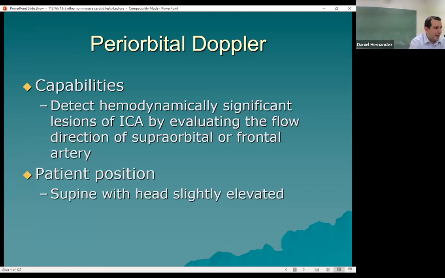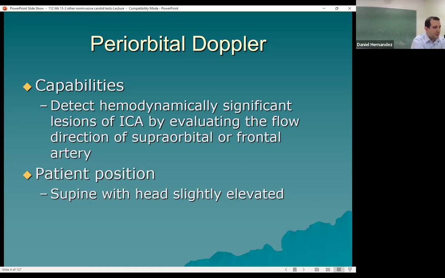With periorbital Doppler, this can be used to detect hemodynamically significant lesions of the ICA by evaluating the flow direction in the supraorbital and frontal arteries. We're going to be looking for retrograde flow within those vessels.